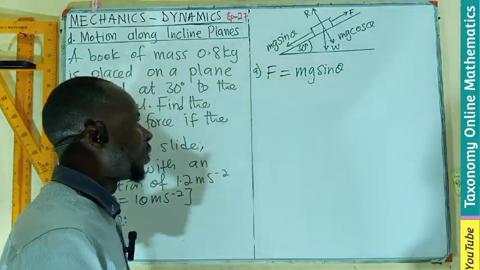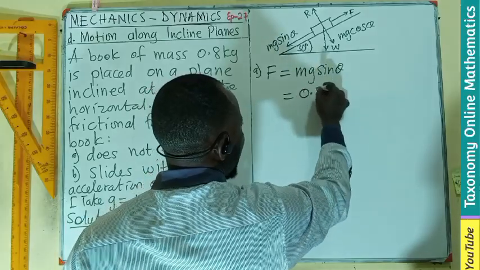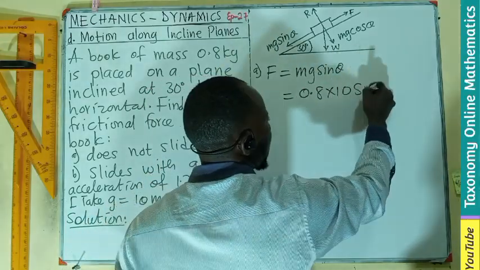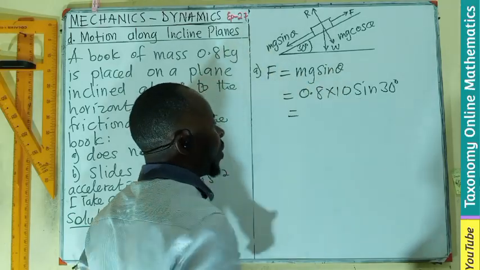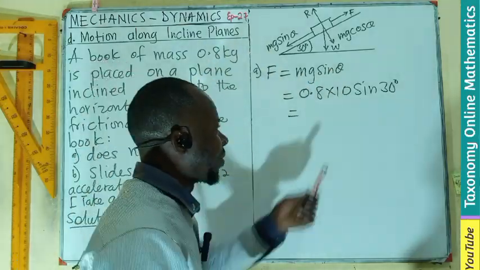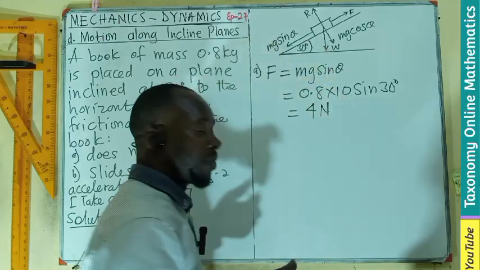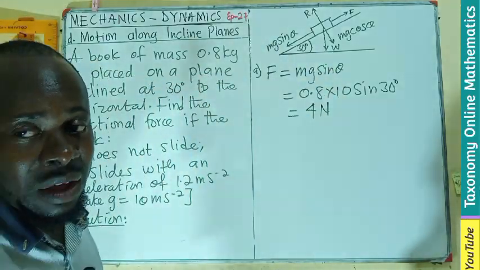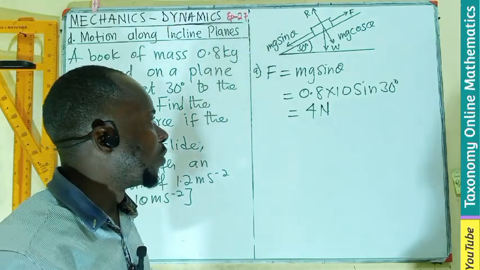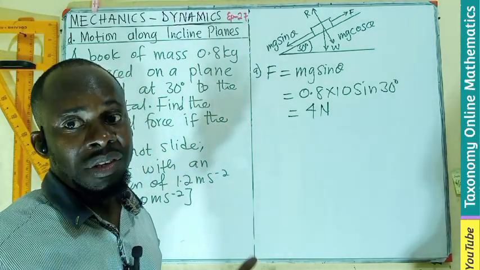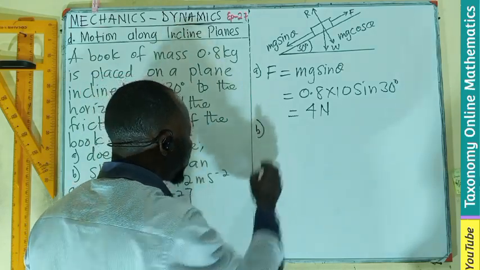By substitution, the frictional force is 0.8 times 10 times sine of 30 degrees. This is 8 times half of that, which gives us 4 Newton. So the frictional force holding the body still at its position is 4.0 newtons.